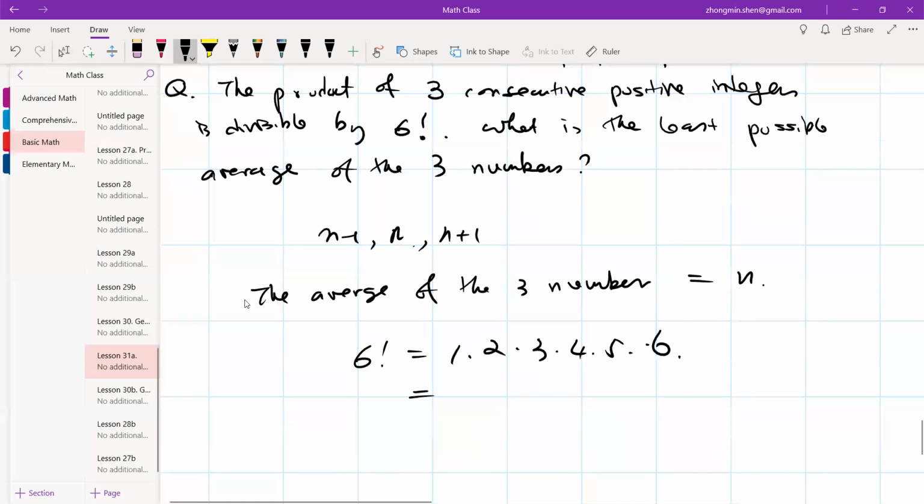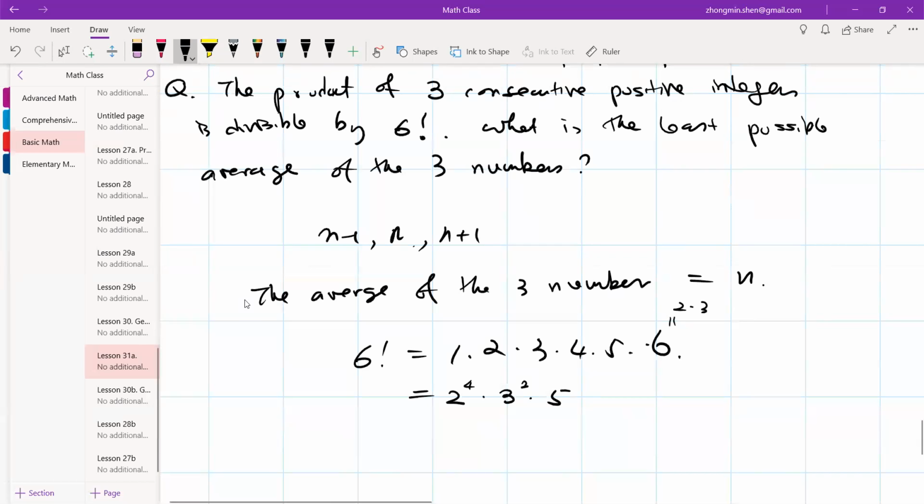How many 2's are there? 6 is 2 times 3, so 6 factorial is 2 to the 4th power, 3 squared, and 5.